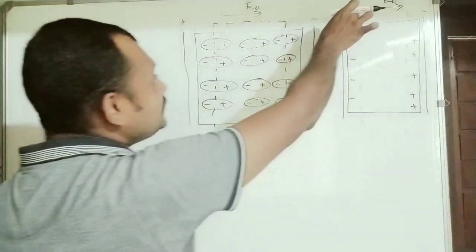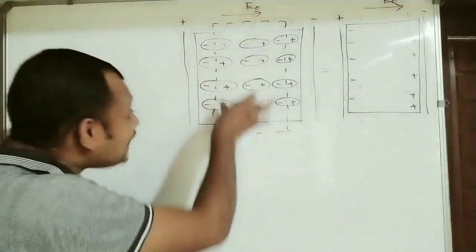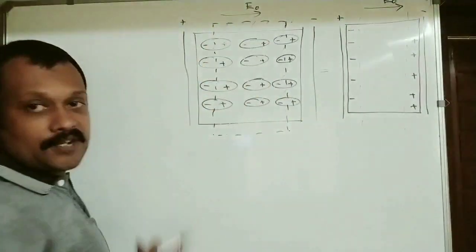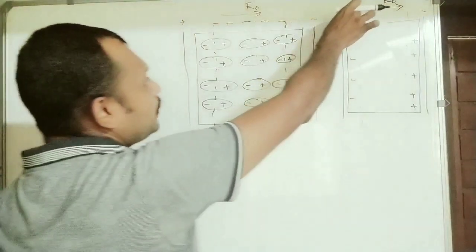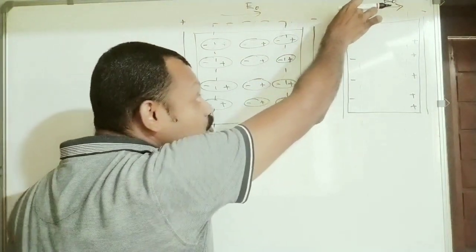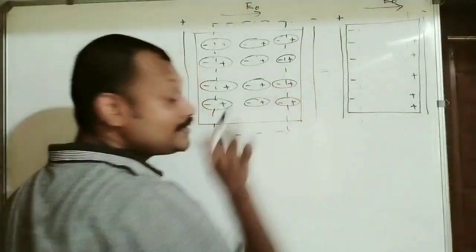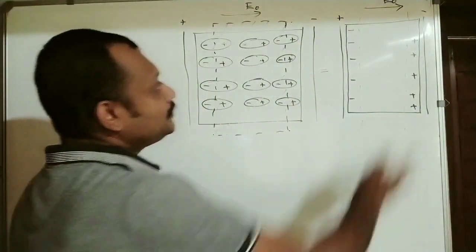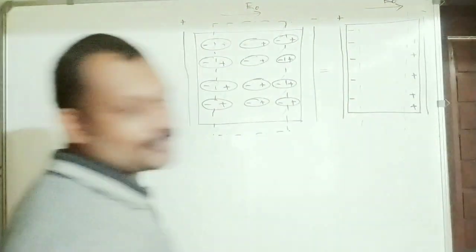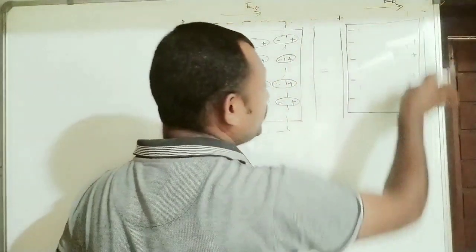Now you can see that these charges are accumulated on the surface because inside the volume this positive and negative charges cancel each other's effect. Which means the dielectric is now supposed to be having charges accumulated on its surface, right? This is on the near surface of the dielectric. This is on the far surface of the dielectric.